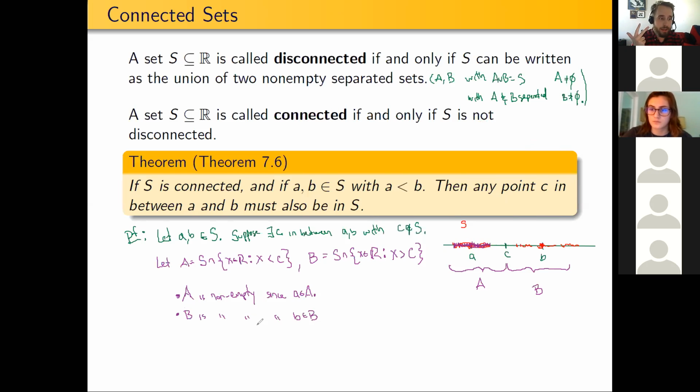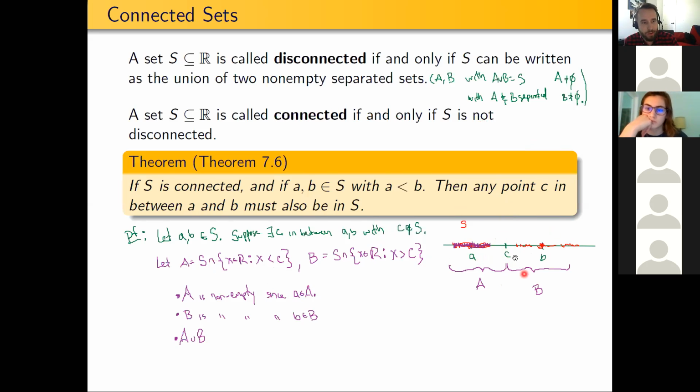A union B must equal S. Let's think through this. We had S intersect the points less than C, union S intersect the points bigger than C. That means we end up with all elements of S except for possibly the point C. But C was not an element of S to begin with.